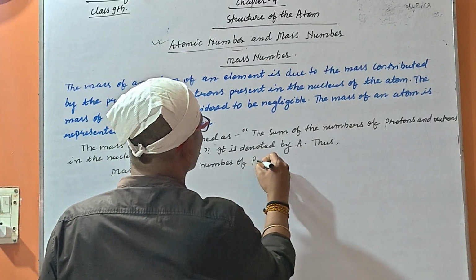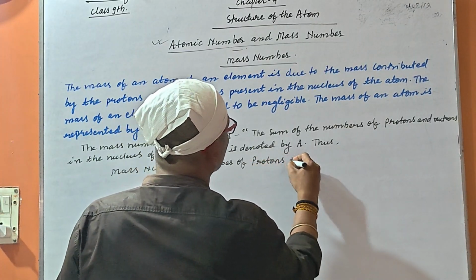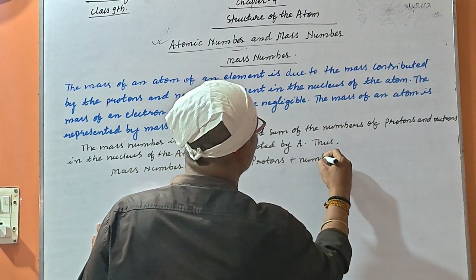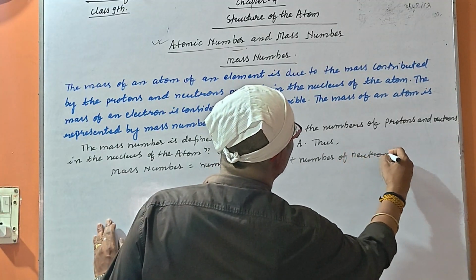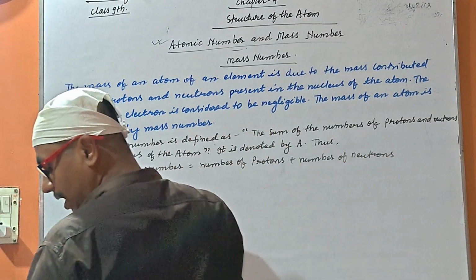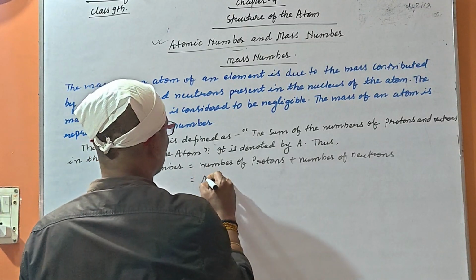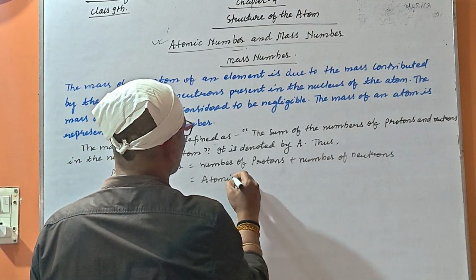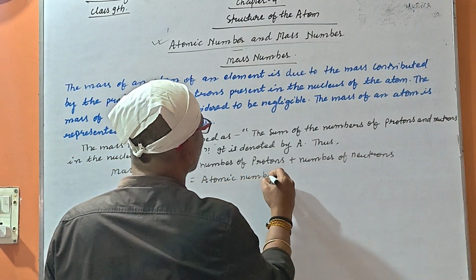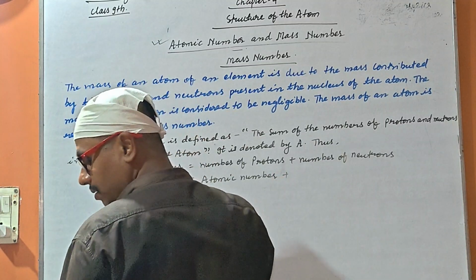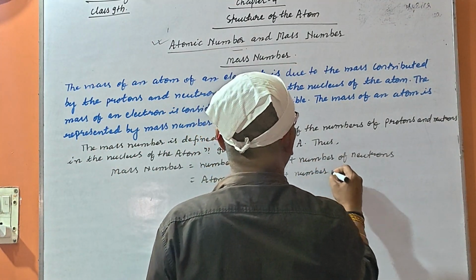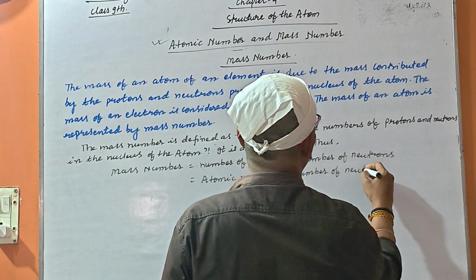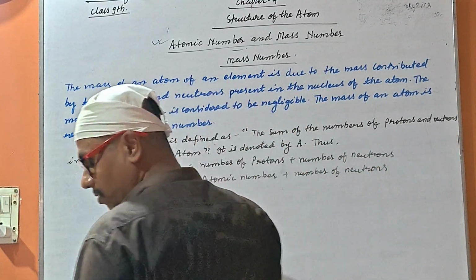That is, mass number equals atomic number plus number of neutrons.